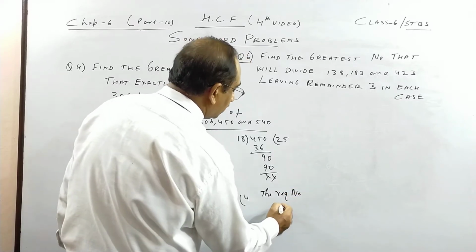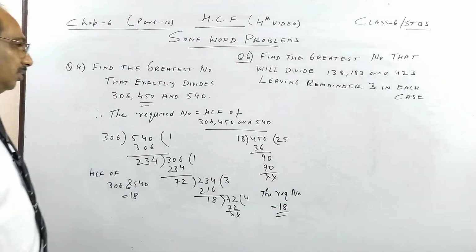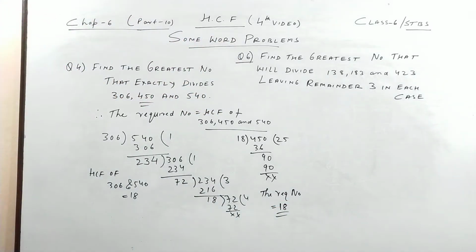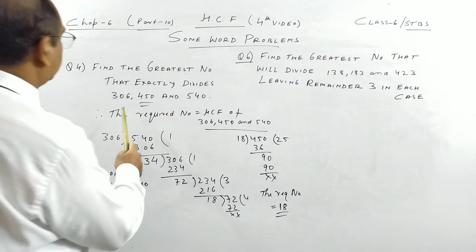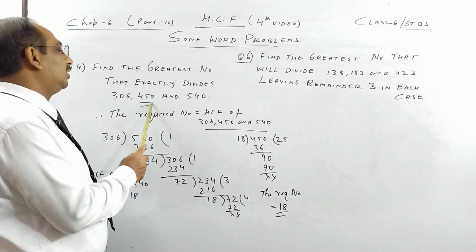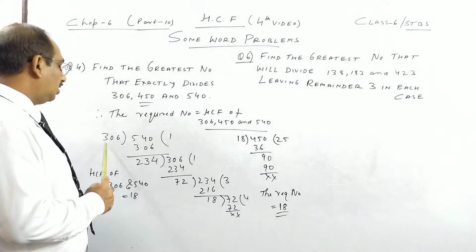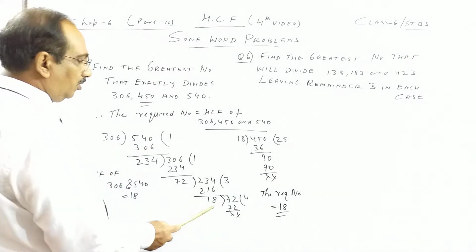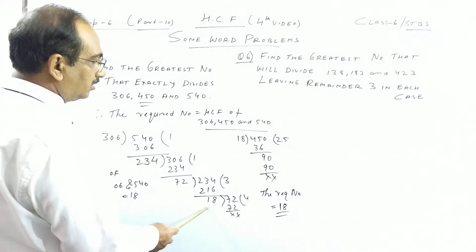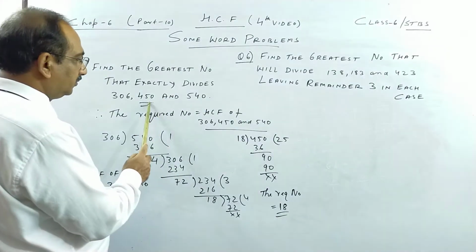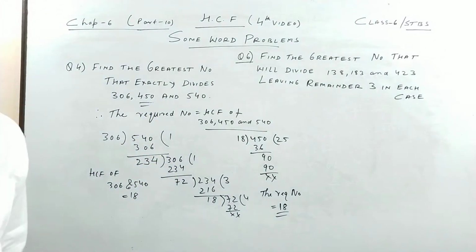So 18 is your answer, which is the greatest number which exactly divides 306, 450 and 540. So what I did, children, I took the biggest number, I tried with the smallest. The HCF is the last remainder, and then I tried the other number 450.